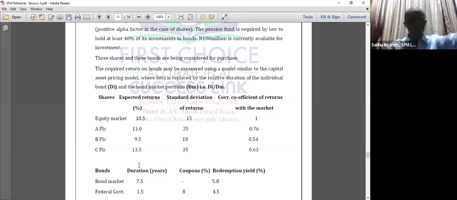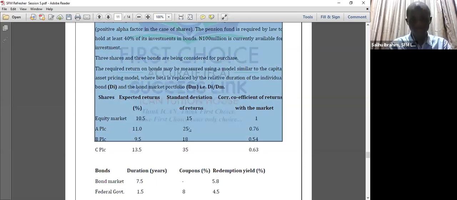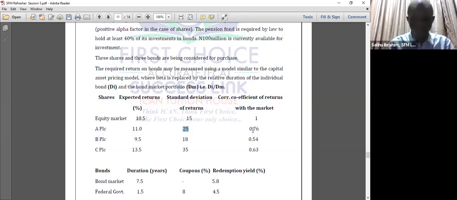So I will say: standard deviation of APSC stock, which is 25, multiplied by the correlation coefficient of APSC stock with the market, 0.76, all over the standard deviation of the market. So I have 25 times 0.76 over 15.